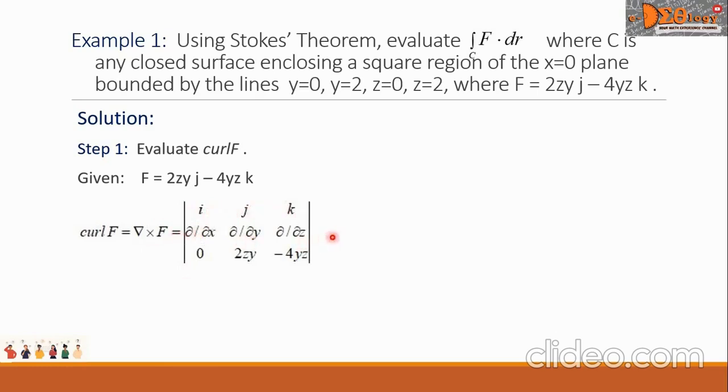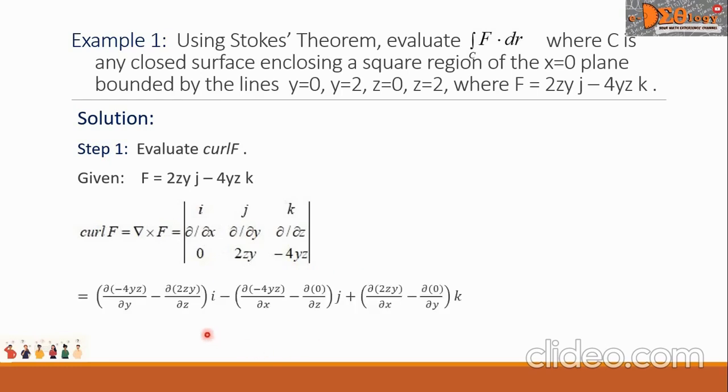The second row for the partial derivatives with respect to x, with respect to y, with respect to z, respectively. The third row is for the corresponding functions for the components i, j, k. So we have here 0, 2zy, negative 4yz. With respect to determinants, it becomes like this.